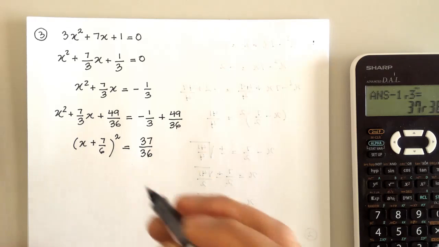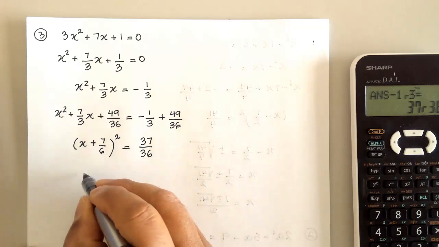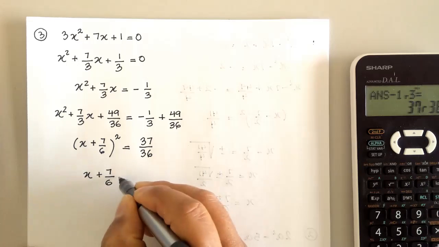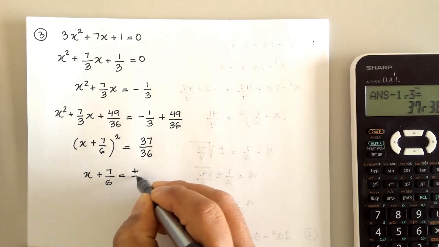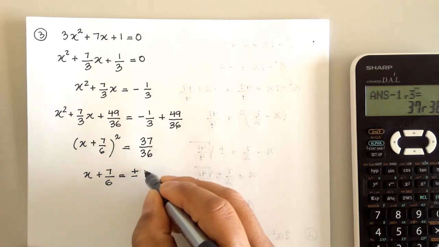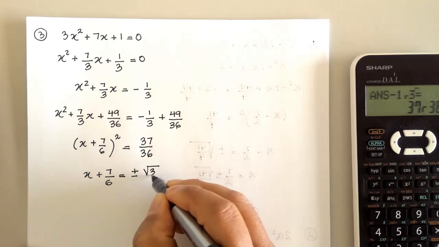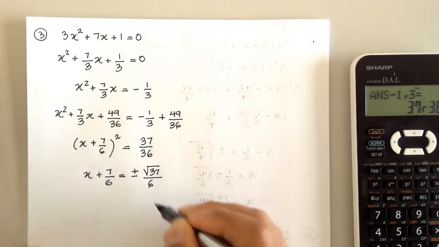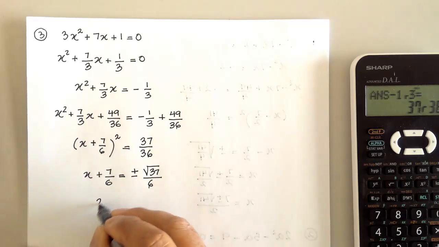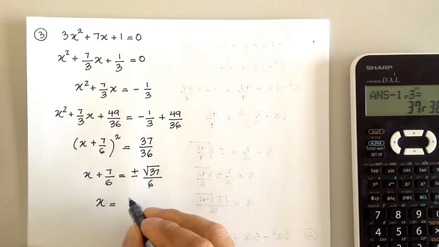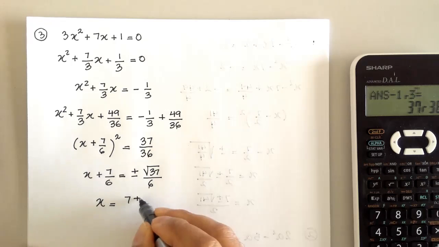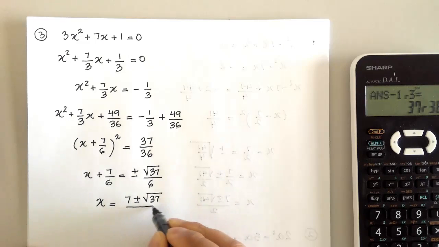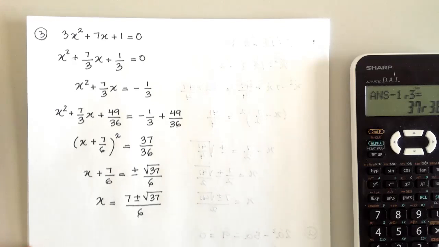Okay, then we have x plus 7 over 6 is equal to plus or minus square root of 37. There's nothing we can do about it. But square root of 36 is just 6. Okay, and then we're going to have x is equal to, now we're going to put the whole thing in one go together like this.